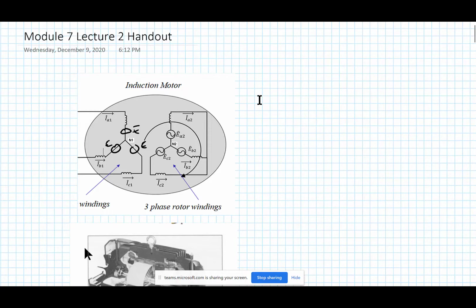Because of the current flowing in the three-phase winding, it's like you have an electromagnet on the field, just like the synchronous machine's field applied from a separate DC source. Now this is an AC electromagnet, and it ends up being a different frequency. I'll show you that in a moment.